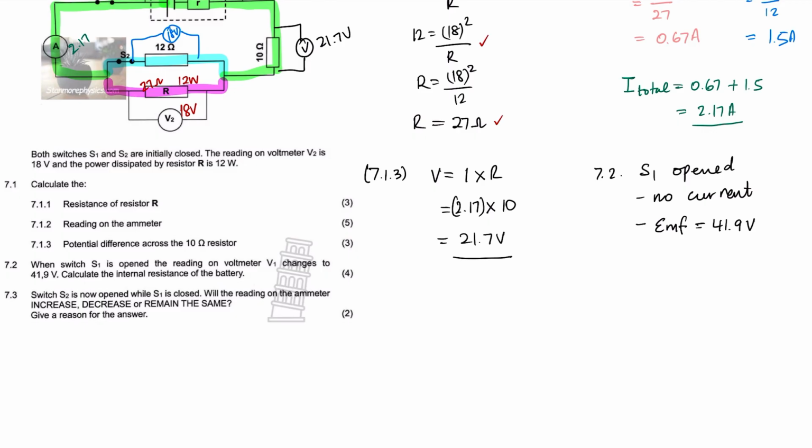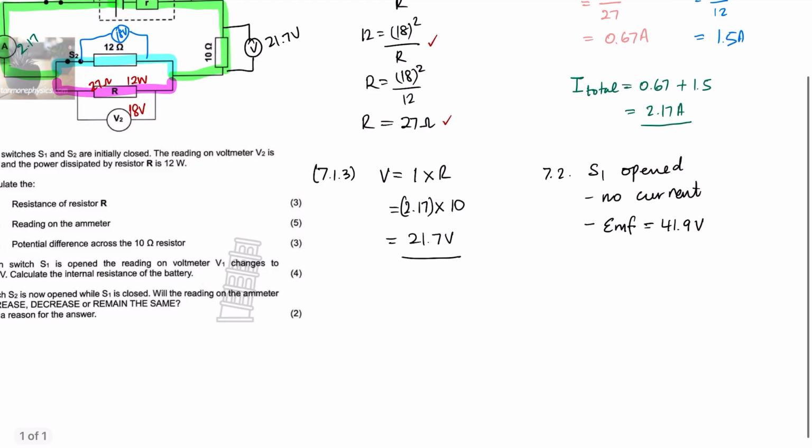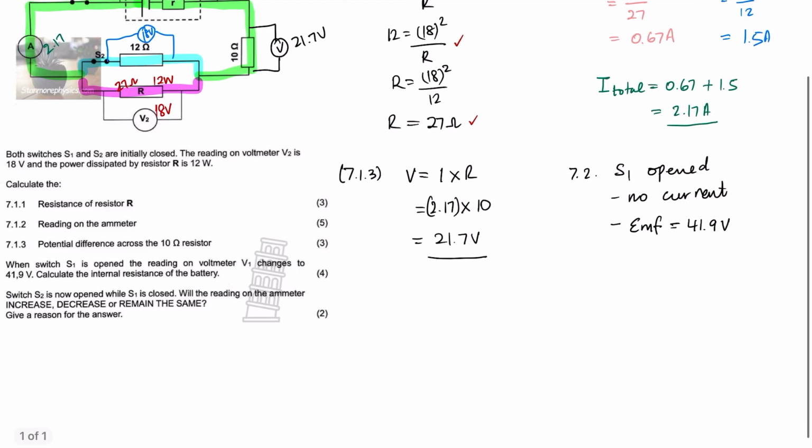Now we can use that information to calculate the internal resistance of the battery. There are a few ways we can do it. The way I'm going to do it is to calculate the voltage that's being used up in the external circuit. The voltage in the external circuit is 21.7 plus 18. Remember, in parallel, we only add the voltage once.